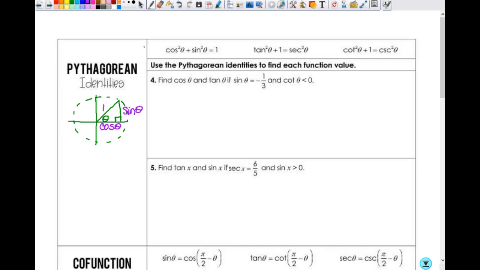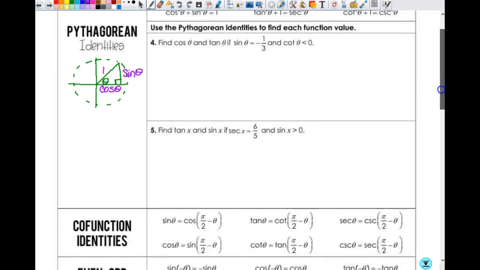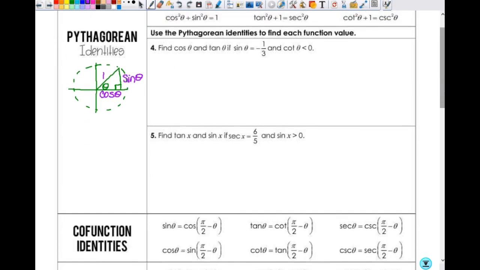So let's look at what happens. It says use the Pythagorean identities to find each function value. So again, I have to do that with Pythagorean identities. And I'm looking for cosine and tangent. So I'm probably going to have to do it twice. I'm given sine, and I'm told that cotangent of theta is less than 0. So what quadrant we're in is important here.